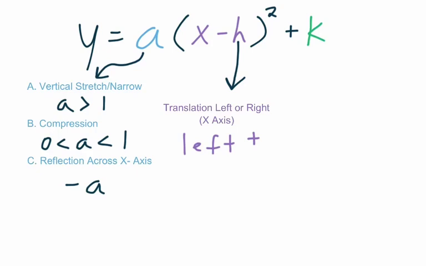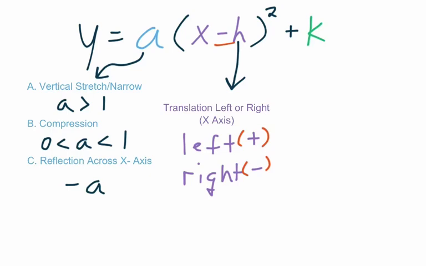It's going to move left if it's positive, and it'll move to the right if the value for the H is negative. I'll show you some examples in a second, but you want to have this down so you remember that. So if the value is negative, like in this case, that's going to flip around, and the parabola would move to the right.